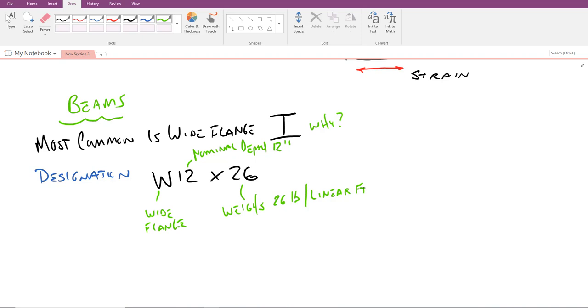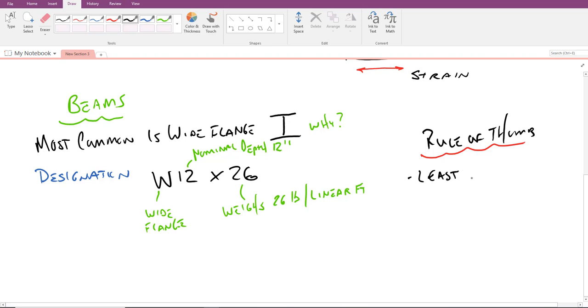Now, when we're dealing with steel sections, we're trying to decide which ones to use. A good rule of thumb is this. When you're selecting which wide flange shape to use, you're looking at a big table and you've got a whole bunch of different options, ones that will work. The most common approach is simply to use the least weight selection.